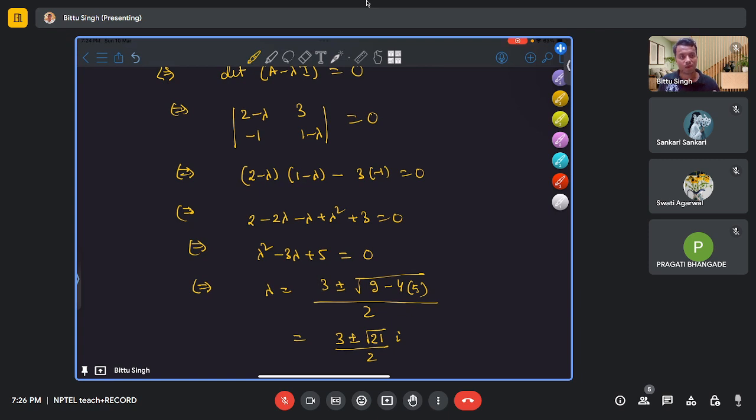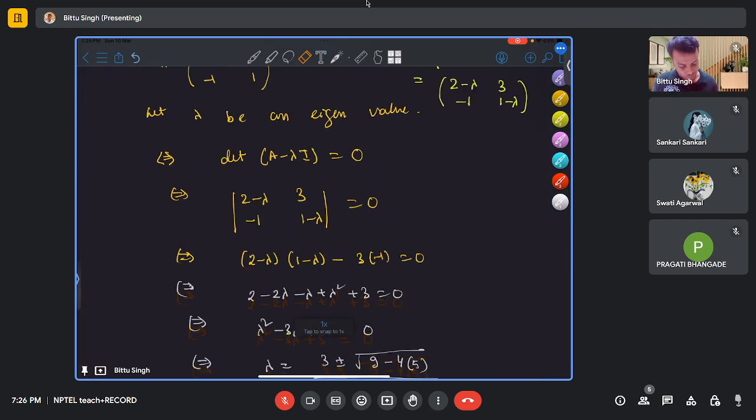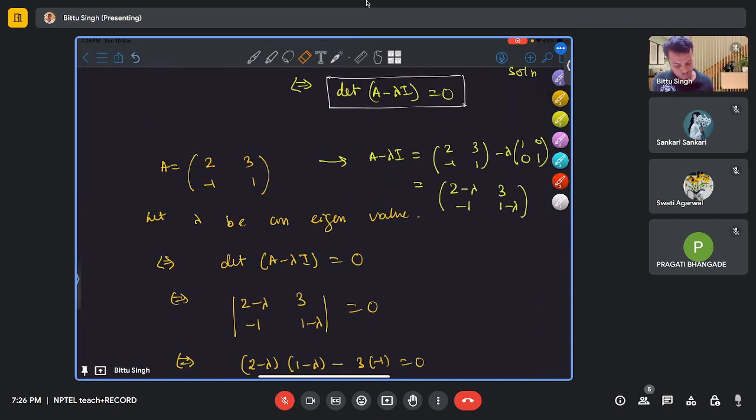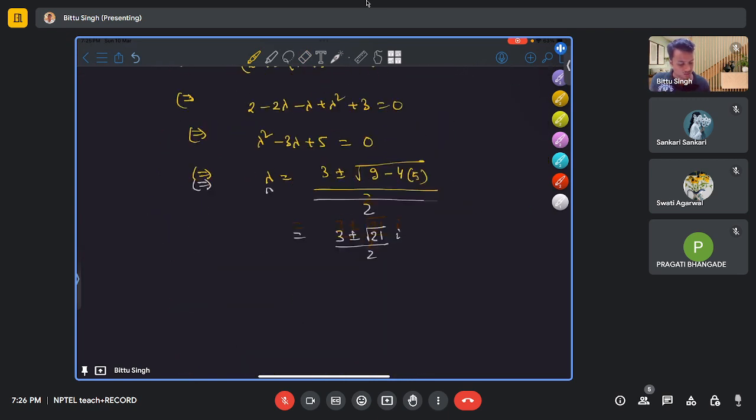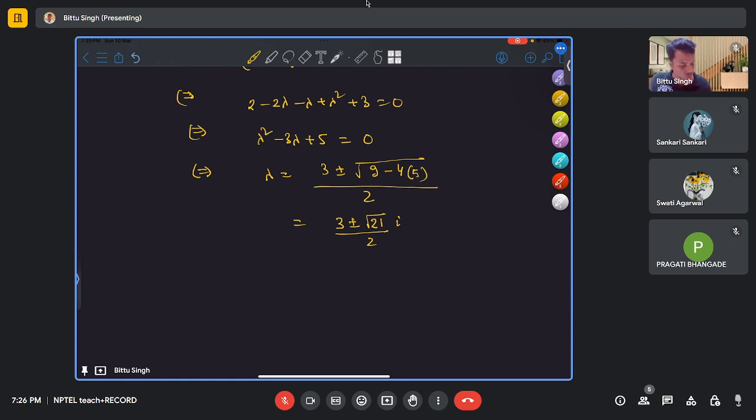So from the previous geometry, this eigenvalue cannot be obtained because you can see that the eigenvalue is now a complex number. Okay. So for this, the field is, everywhere the field is assumed to be complex numbers if it is not given. Okay, field is C. So those are the eigenvalues.